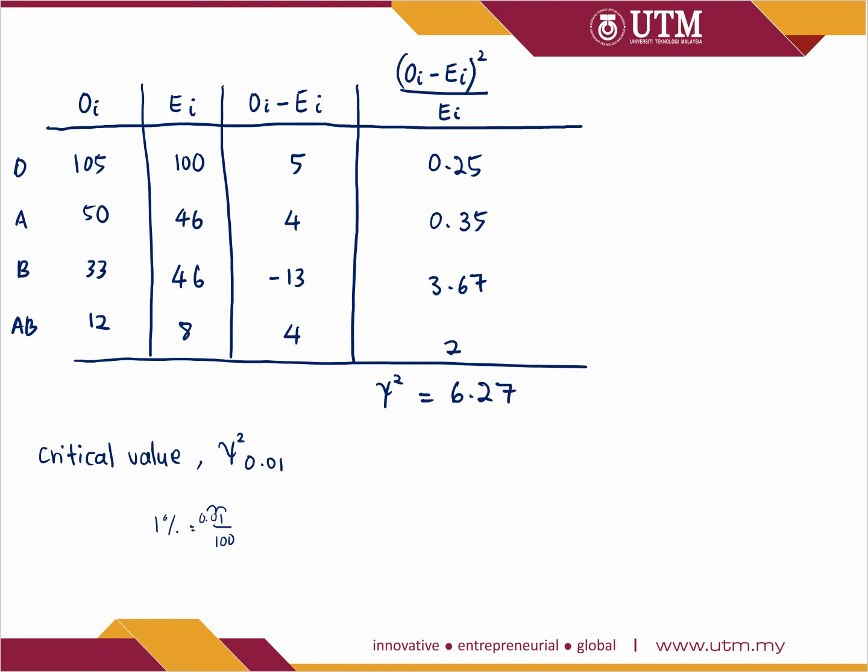So please choose the right value for chi-square 0.01. The number of categories that we have is 1, 2, 3, 4 categories, so 4 minus 1. So here it would be chi-square 0.01 with 3 degrees of freedom, which is equal to 11.3449.